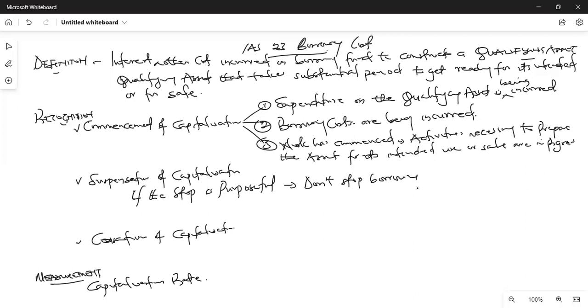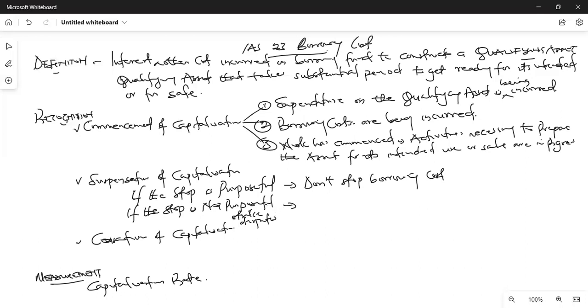borrowing cost. You don't stop borrowing cost. However, if the stop is not purposeful, sometimes people go on strike and disputes result in people going off for a while, then it means that it has nothing to do with the building.